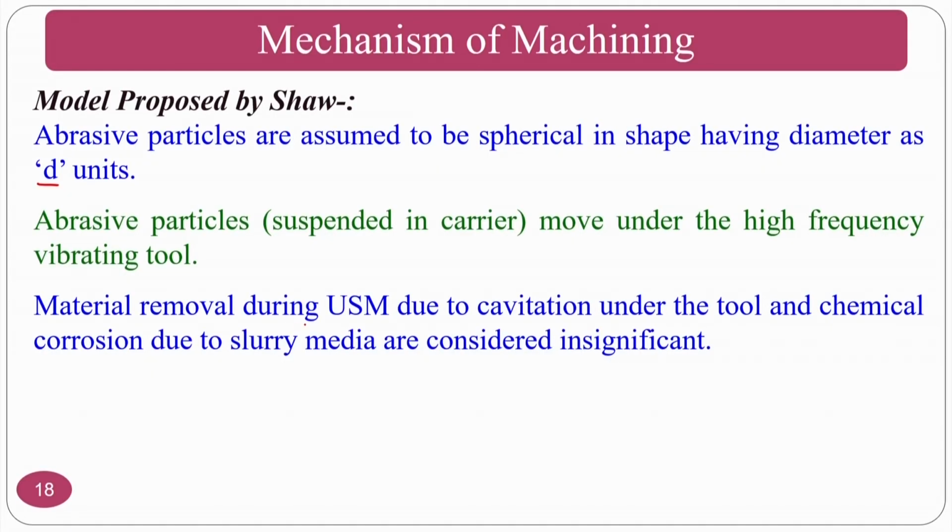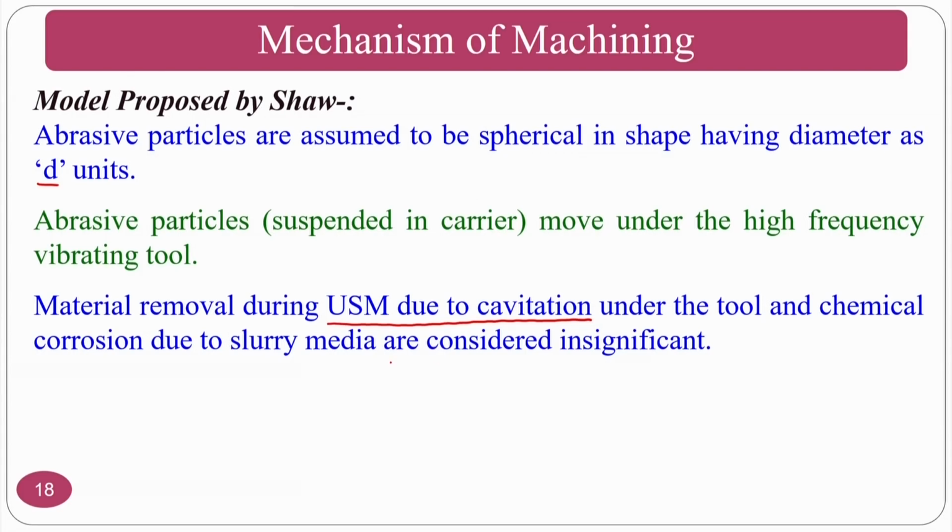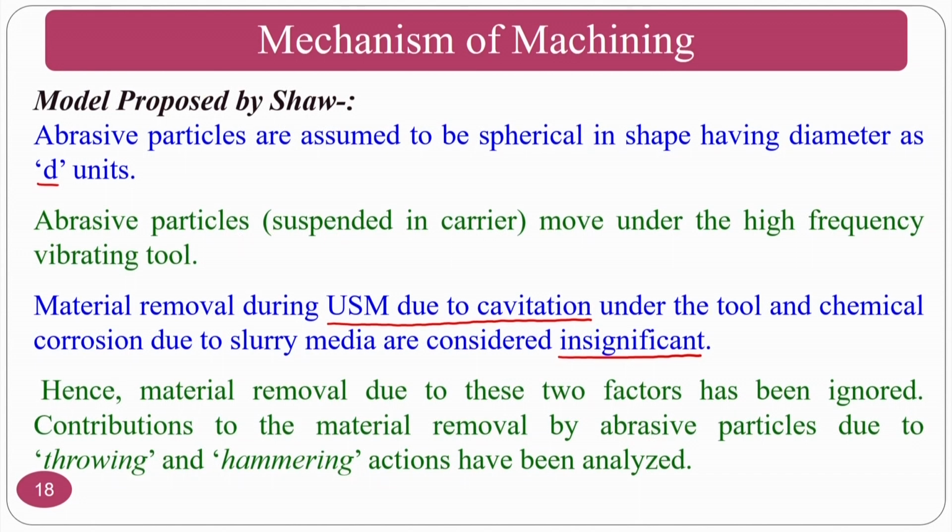Material removal during ultrasonic machining due to cavitation under the tool, and the chemical erosion due to the slurry, are considered insignificant. That means this type of mechanism is also there, like cavitation as well as chemical erosion, but those are considered insignificant. So the material removal is taken care of purely by the mechanical action of the abrasive particles. Hence, the material removal due to these 2 factors has been ignored.